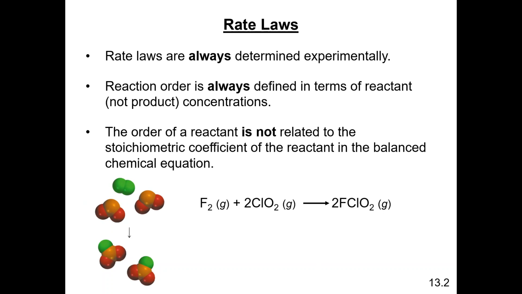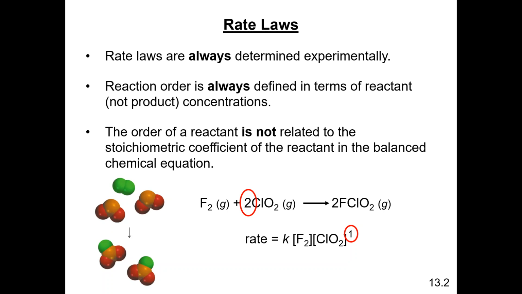So going back to the previous example that we had here, you'll notice that the coefficient for the ClO2 is 2, right? But the order of the reaction with respect to ClO2 is 1, right? So there's no necessary correlation between the order of the reaction and the coefficient of the substance involved in the reaction. Now, there are some instances where coincidentally they're the same, right?